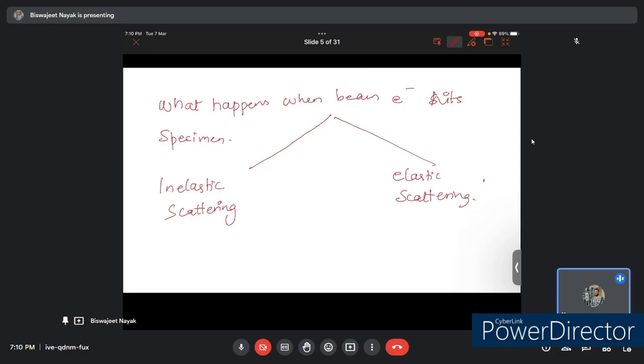So this inelastic scattering basically refers to a process where the energy of the beam electron is reduced, that is transferred to the specific atom when they interact with them.